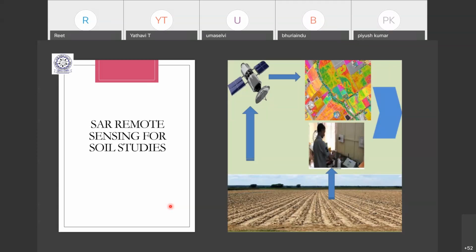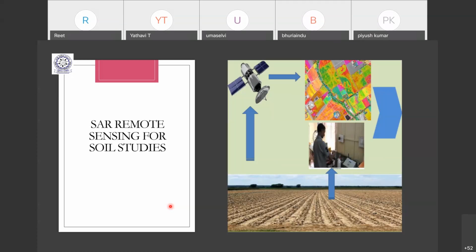Another advantage of using the remote sensing data for this soil study is the sampling method that we use for laboratory testing. How many samples we can collect for a village or for a plot? We can collect one sample of a plot, or say 5-10 samples from a village. So not all the fields can be studied, and these parameters are dynamic.